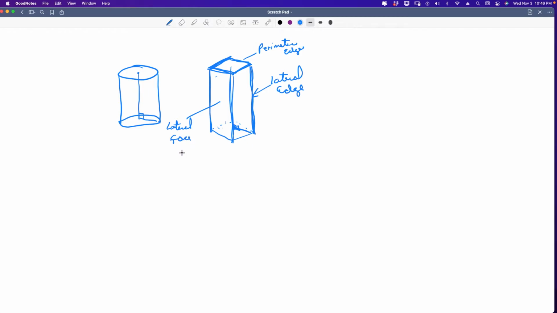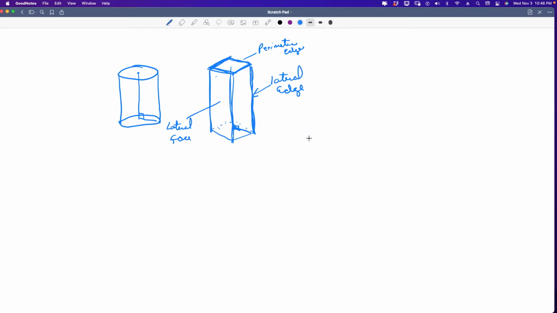Now I want to point out that a cylinder or a tube does not have a lateral edge. The whole way around is its lateral face, but a shape like a regular polygon, square, rectangular right prism has lateral faces, and this has 1, 2, 3, 4 lateral faces going all the way around. All right.